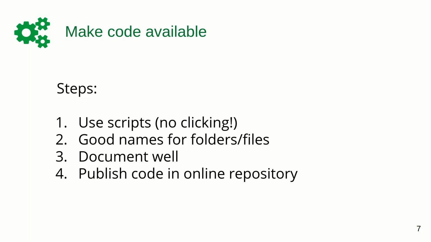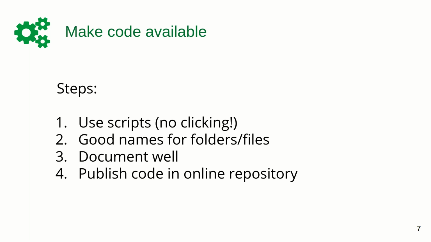This can help other researchers a lot, but it can also help your future self if you have to, for example, do a revision, to really remember what the individual steps were for. Because I can tell from experience that in 3 months, I don't remember why I did the individual steps that I did. The last thing is then, of course, publishing the code somewhere.